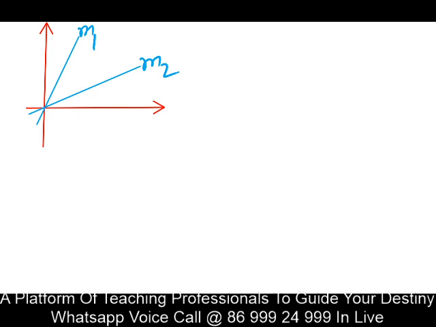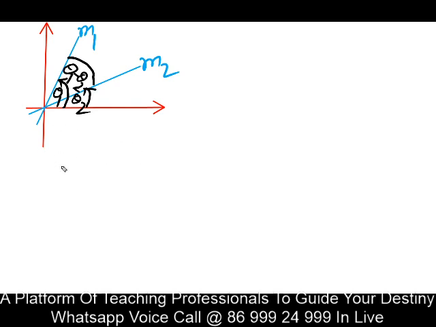And the inclination of this line is theta 1, and the inclination of this line is theta 2. And what is the angle between these two? Theta 1 minus theta 2. I think it is clear. The inclination of the first line is theta 1 and the inclination of the second line is theta 2, and the angle between the two lines is theta 1 minus theta 2.